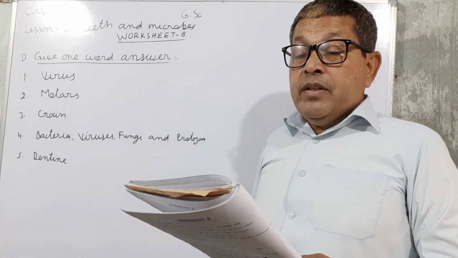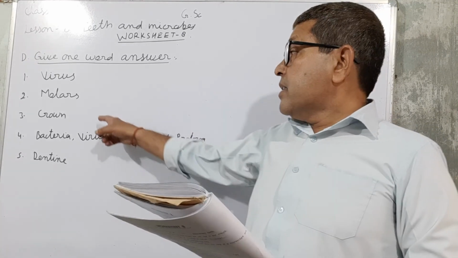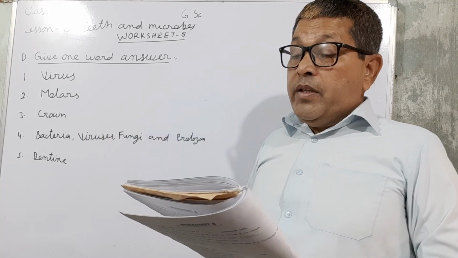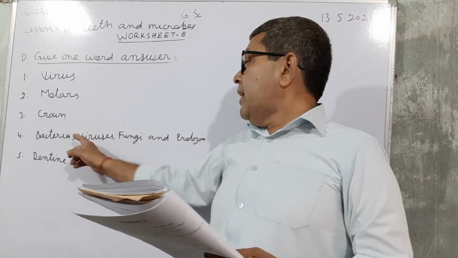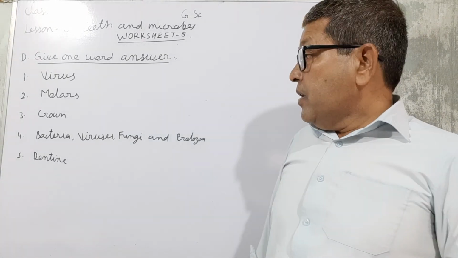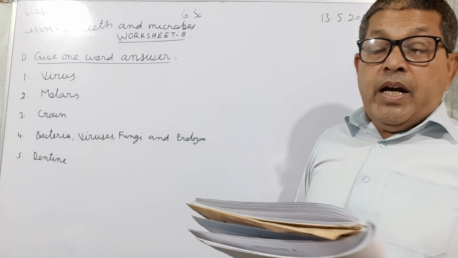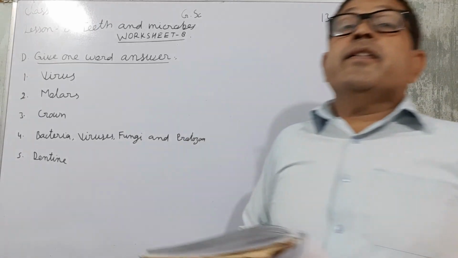Third, the part of a tooth visible above the gums, this is crown. Next, disease causing microbes, these are bacteria, viruses, fungi and protozoa. Next, the part of a tooth below the enamel, that is dentine.